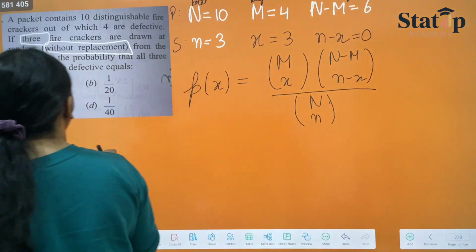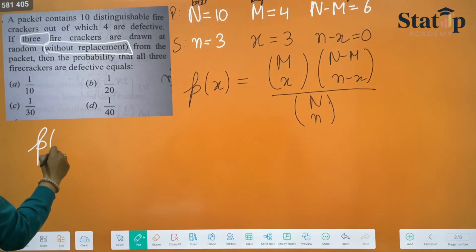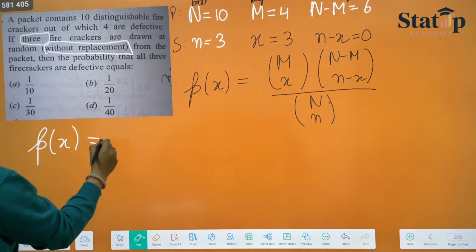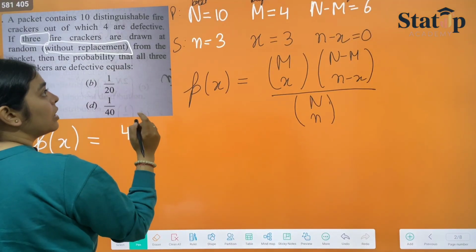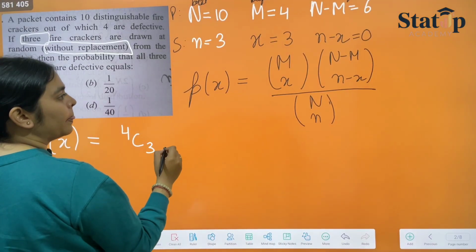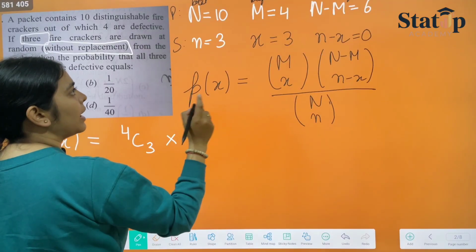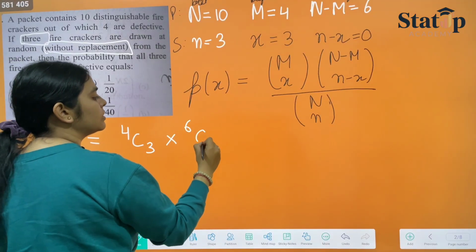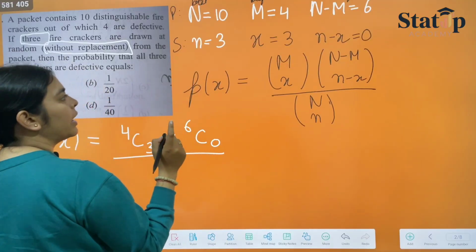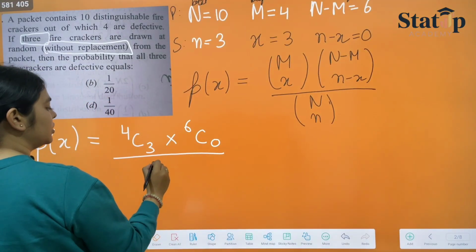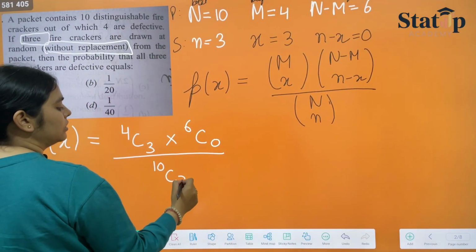This is the case. So solving it here, P(x) is equal to MCx, which is 4C3, into (N minus M)C(n minus x), which is 6C0, upon NCn, which is 10C3.